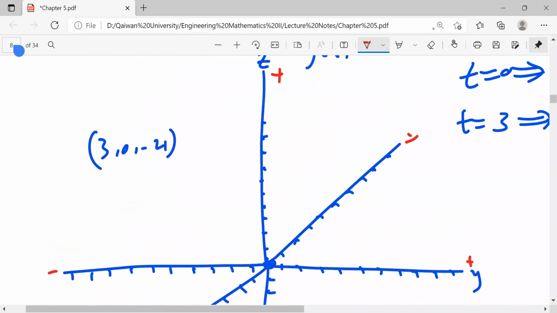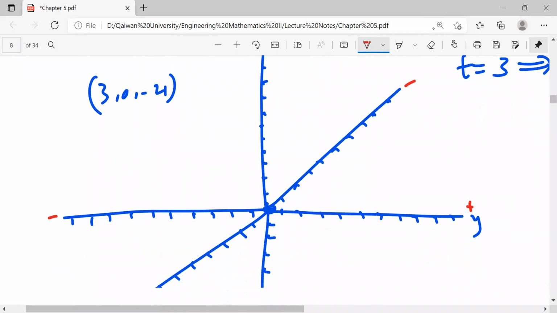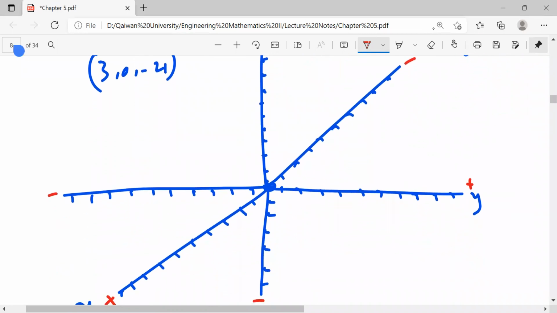Now, we count 3 units from the origin in the direction of the positive x-axis. It's 1, 2, 3. This is 3. Then, in this direction, which is the y-axis, we don't move because y is 0. We are still here.